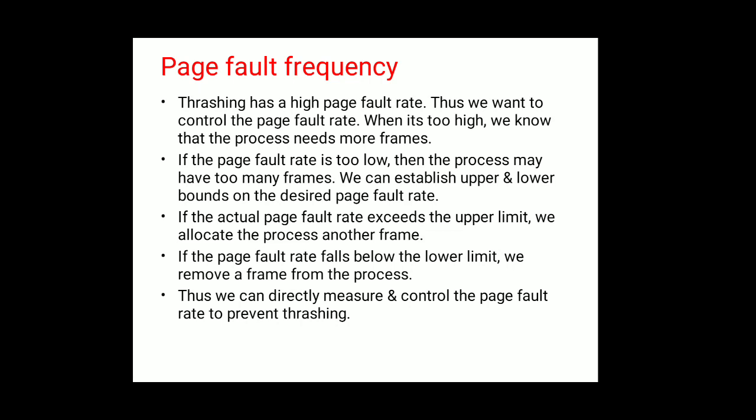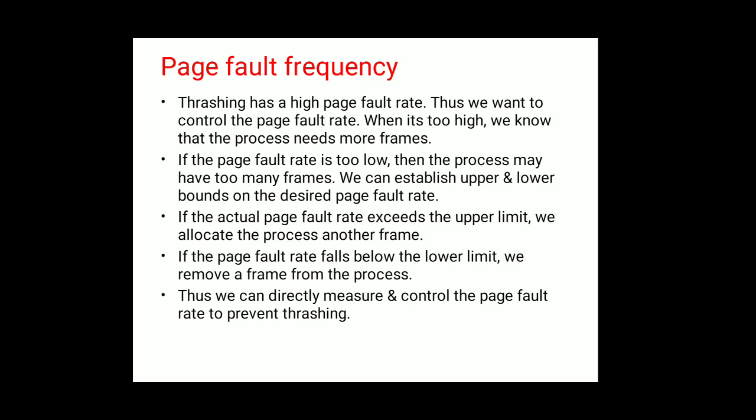Whichever process has a high page fault rate internally needs more frames, so we have to control the page fault rate. On the other hand, if the page fault rate is too low, then the process may have too many frames.